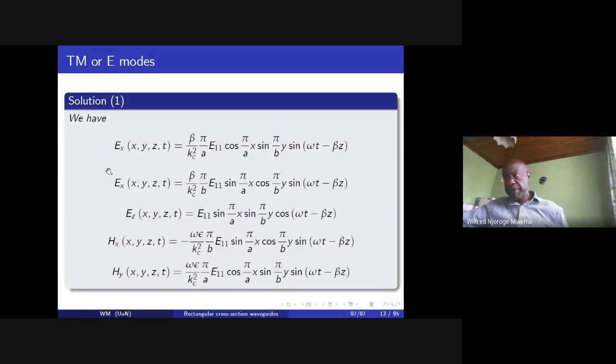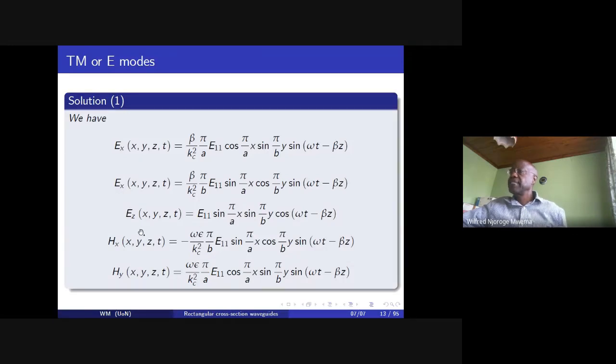Now we have 5 field components. The X component is obtained from what we had there, and all we did was to multiply that with the propagation factor, which is the exponent of j beta z. And the Y component, I think this one is a problem here, there should be a Y here.